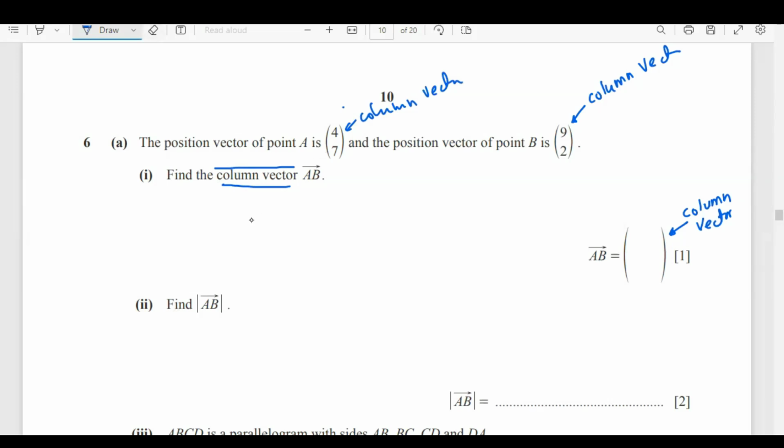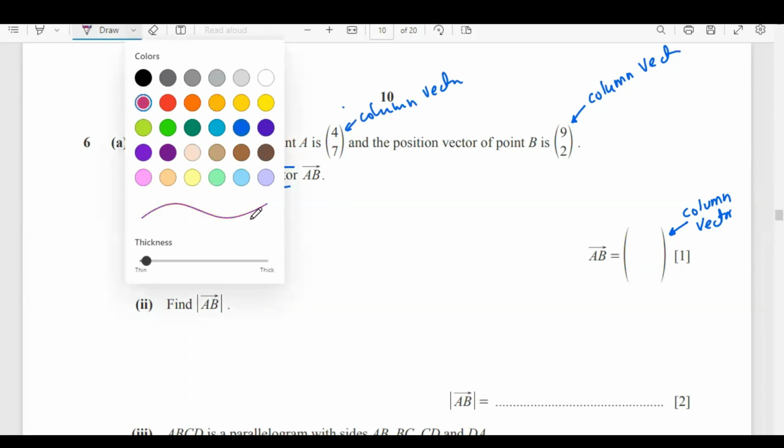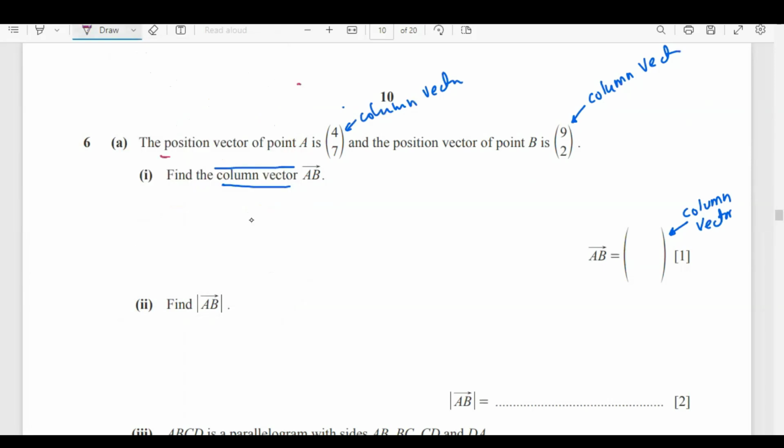When there is the keyword position vector in a Cambridge question, for example the position vector of point A is (4, 7), it means you can write OA, starting from the origin to point A, equals (4, 7).